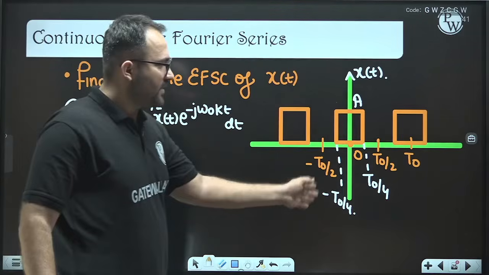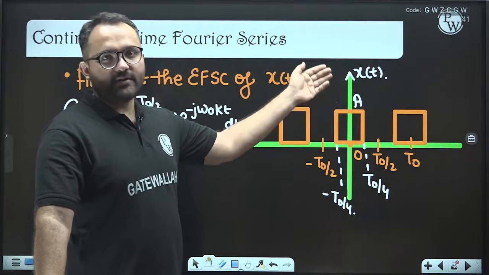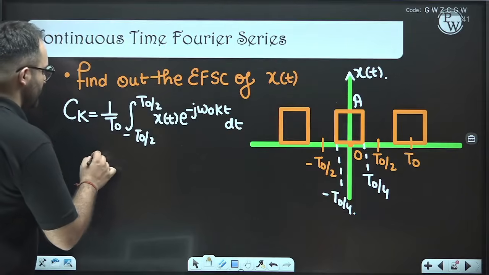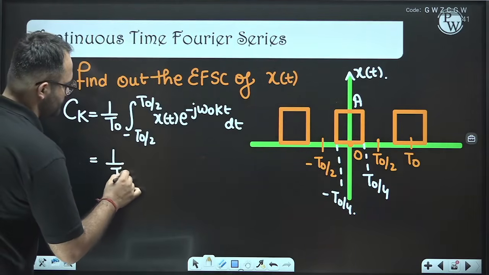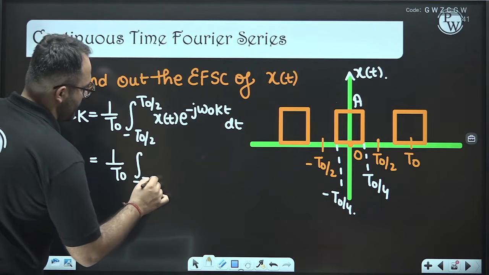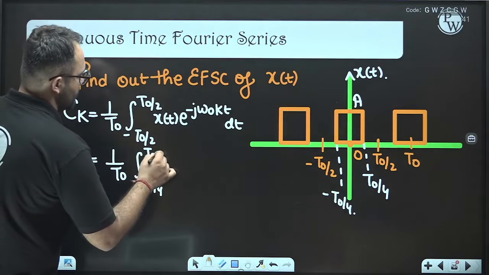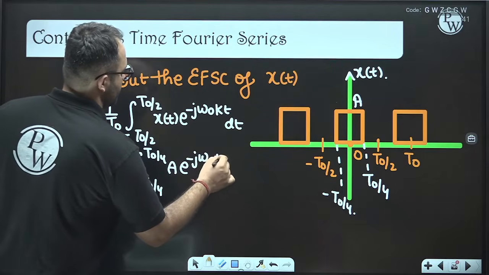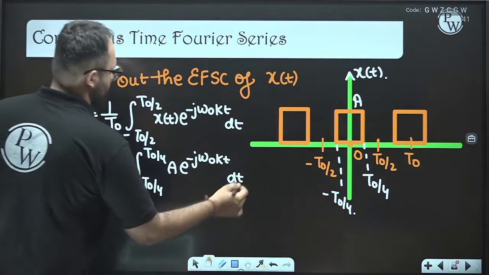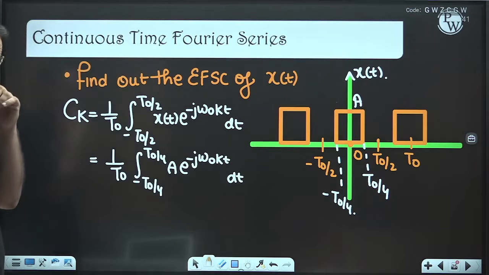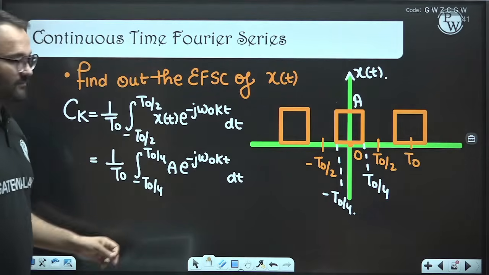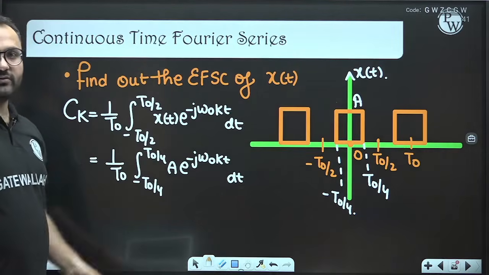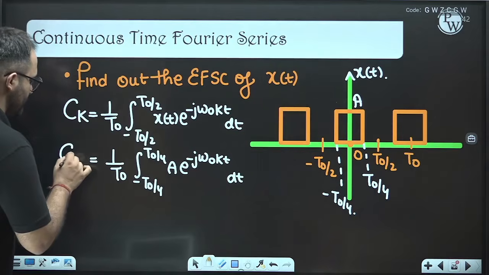From minus T naught by 2 to T naught by 2, this signal is capital A only from minus T naught by 4 to T naught by 4. So this is the formula now. This is the conversion, because the signal is only capital A from minus T naught by 4 to T naught by 4. This is Ck.